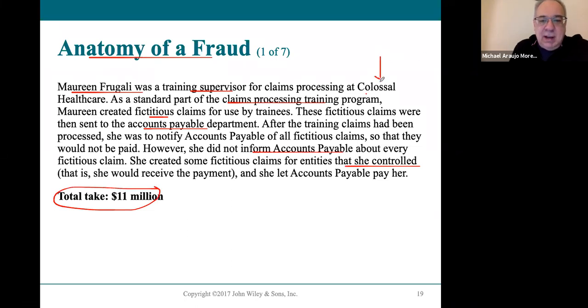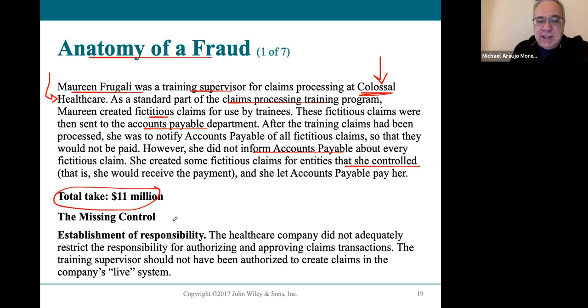That is a colossal amount of money, and I'm sure that made them very sick at the healthcare company. See how I'm just pulling these words out of nowhere? But that's a heck of a lot of money. Obviously, this company was big enough, it's colossal. They didn't have an establishment of responsibility.